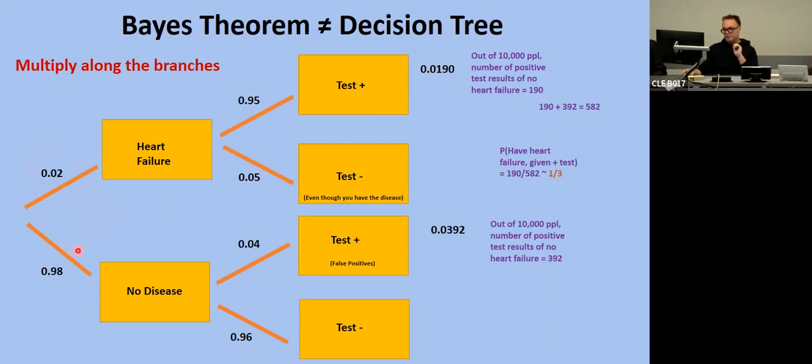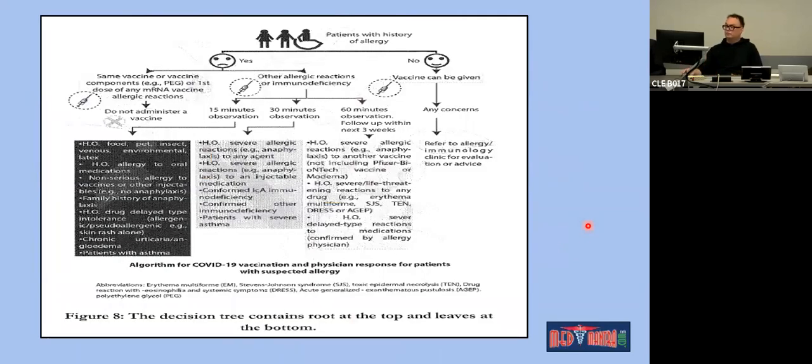It's not a decision tree. It's just providing ways of multiplying these numbers to create an answer. Out of 10,000 people, the number of positive test results with no heart failure equals 392. However, there's Bayes averaging in decision trees. There are other things that I'm not covering, and obviously Bayes is very important in public health population health analysis.